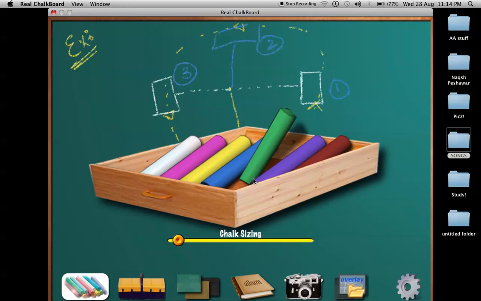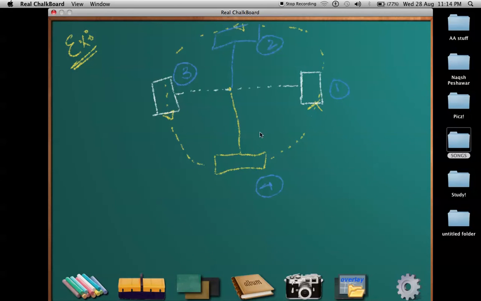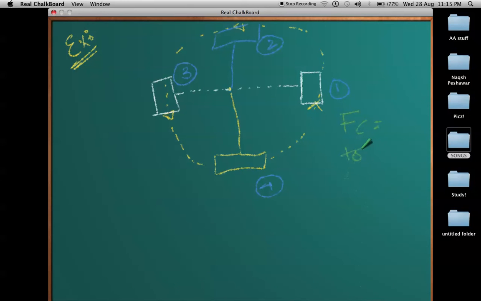Let's talk about the direction of the centripetal force here. We always know that the centripetal force is acting towards the center. So in this case, this is the direction of the centripetal force. Let's talk about our second thing, which is acceleration. The acceleration is in the direction of the force, so the acceleration would also be towards the center of the circle.